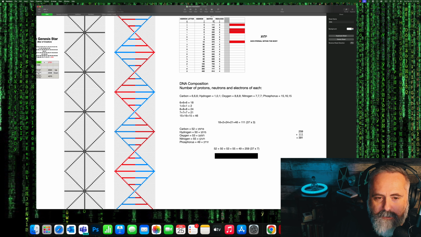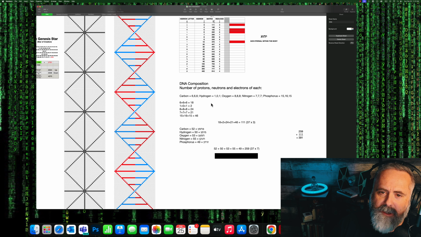Okay, so we've talked about DNA in the past, and I just want to show you something. The composition of our DNA, the number of protons, neutrons, and electrons of each. I think I've talked about this.